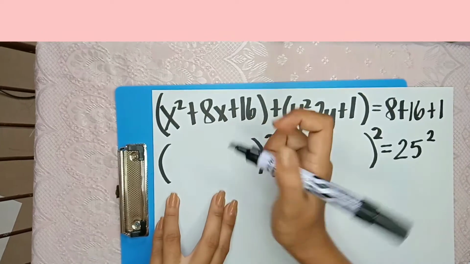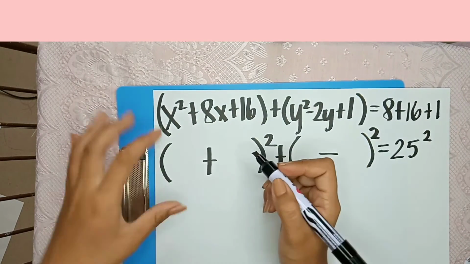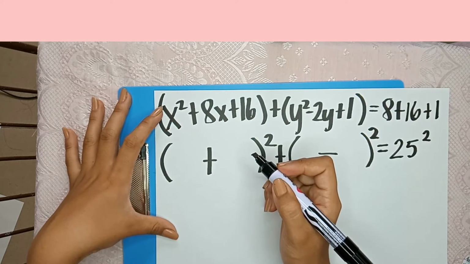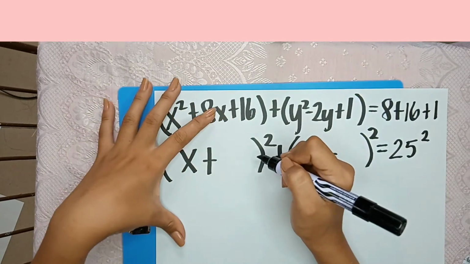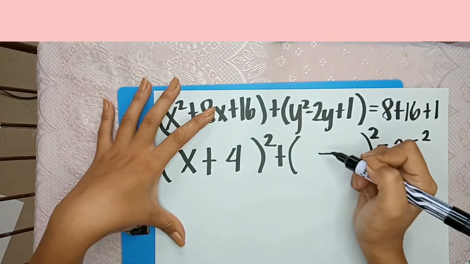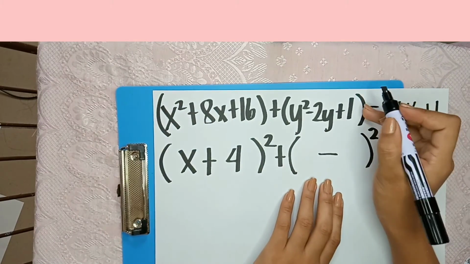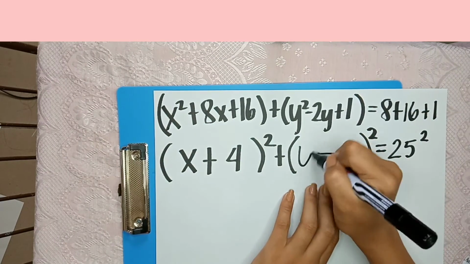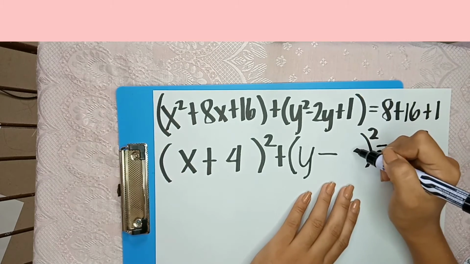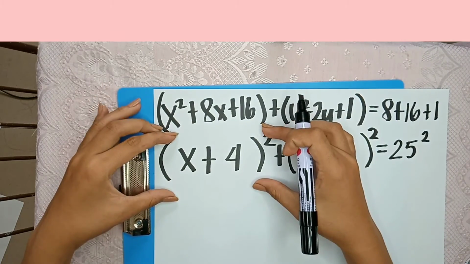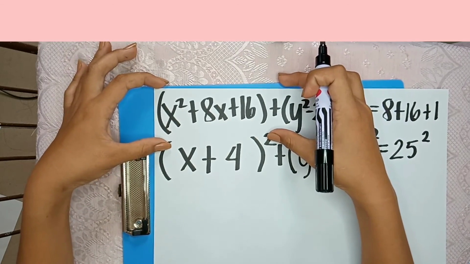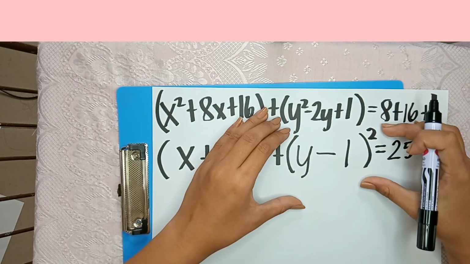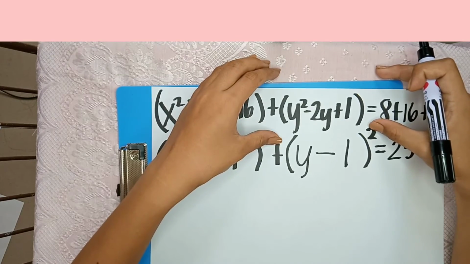Copy the sign of the middle term. The square root of x squared is x, and the square root of 16 is 4. The square root of y squared is y, and the square root of 1 is 1. X plus 4 squared is the factor of x squared plus 8x plus 16, and y minus 1 squared is the factor of y squared minus 2y plus 1.